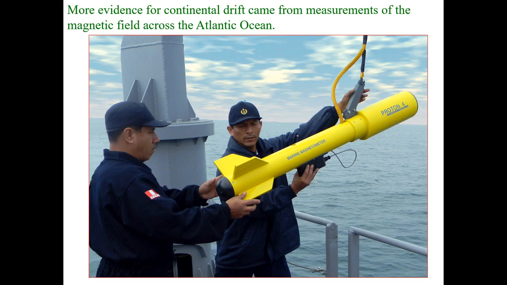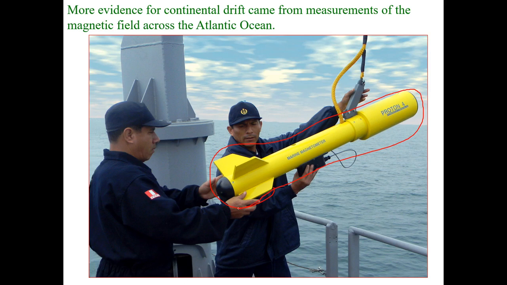Okay? So what ends up happening is that the rocks record these magnetic field reversals, and we can actually pick it up. We can actually detect these magnetic field reversals in the magnetite of the ocean floor remotely using these magnetometers. So it's pretty cool.